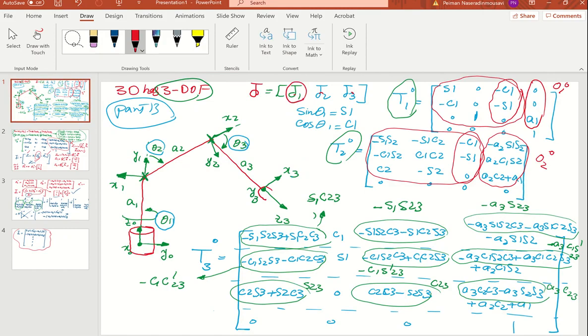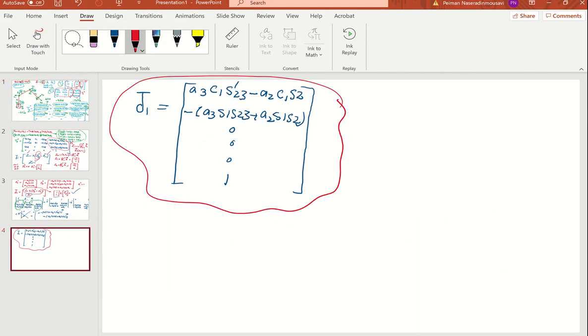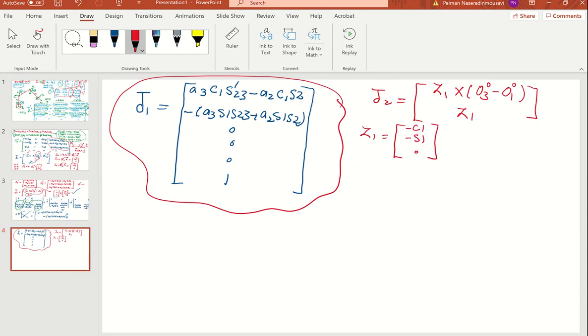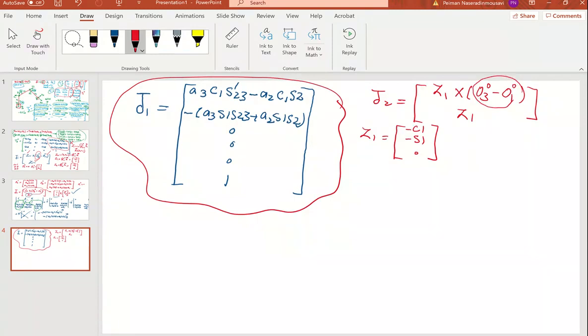Now we have to find J2 and J3. That's right. So J2, as I said, is going to be Z1 cross product of O3 with respect to 0 minus O1 with respect to 0, in Z1. And we established that Z1 is minus cosine 1, minus sine 1 and this. So first we have to calculate this. It is very easy, guys.